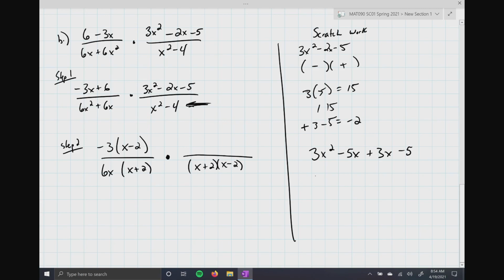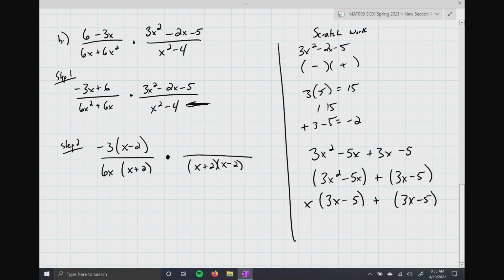Because when I go ahead and factor by grouping, I don't have to worry about sign changes. So the first grouping, I can factor out an x. The second grouping, there's nothing I can factor.